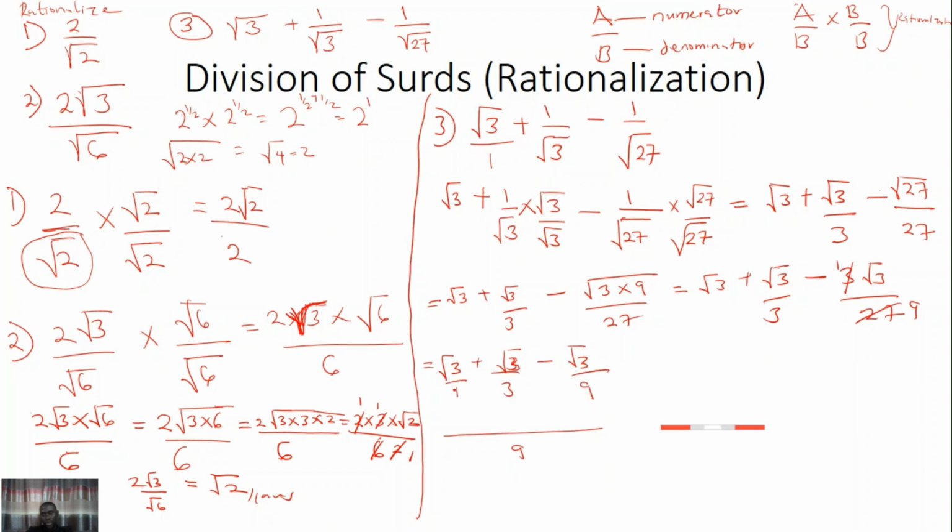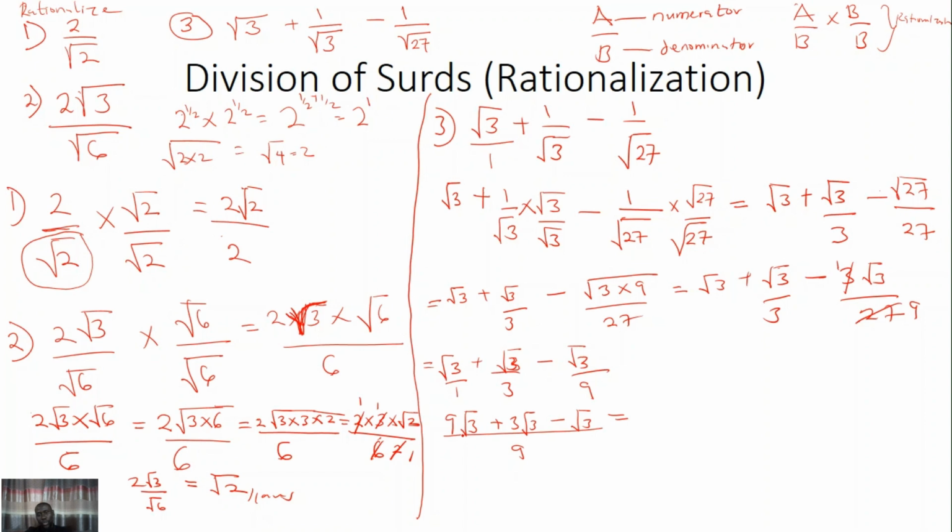And we know this one is over 1. 1 in 9 is 9. 9 times root 3, that will be 9 root 3. Okay? Plus 3 in 9, that is 3. Times 3 root 3, that will be 3 root 3. Minus 9 in 9, that is 1. Times root 3, that will be root 3. Okay? And this will be equals to.